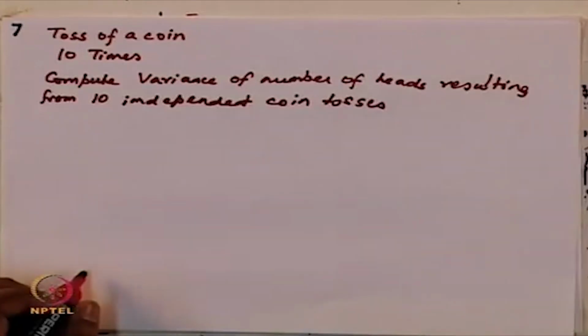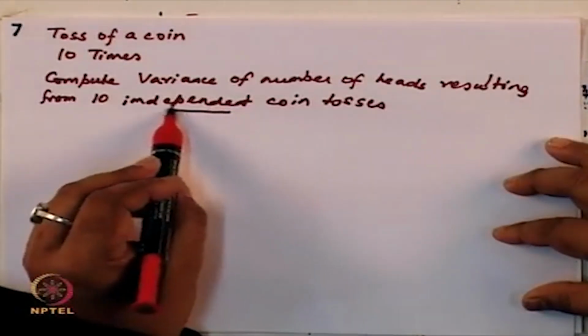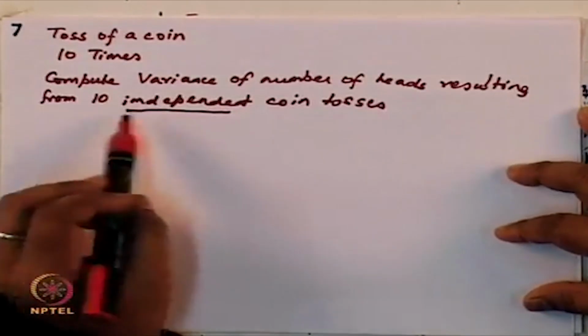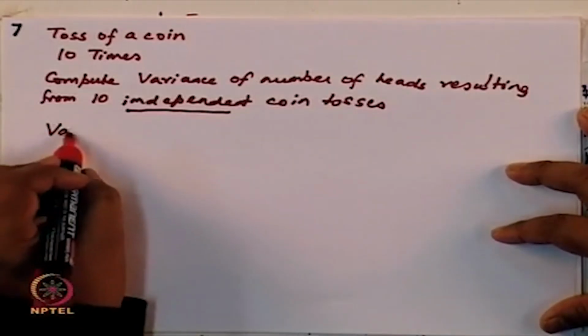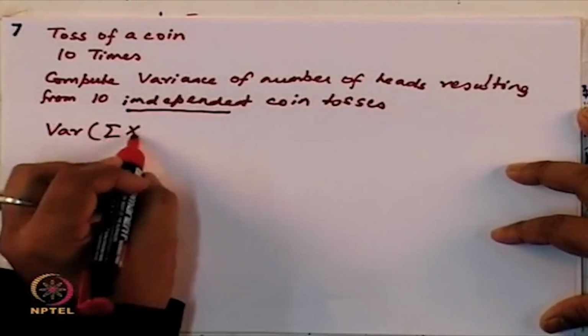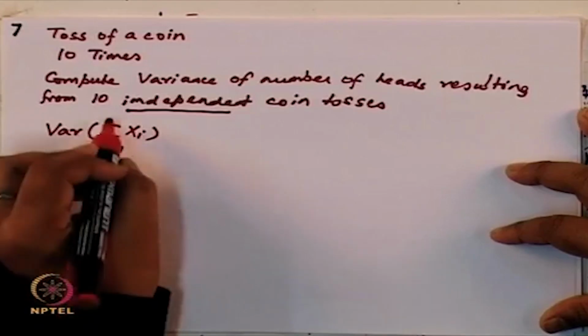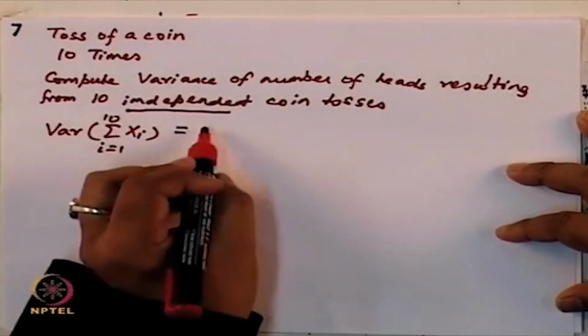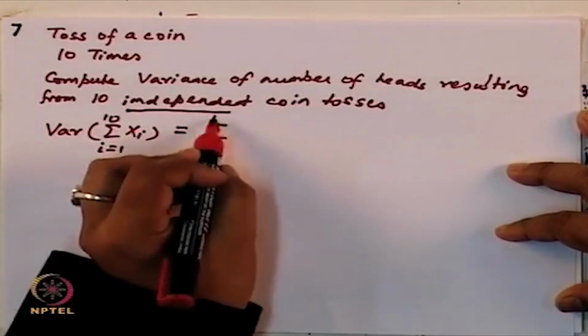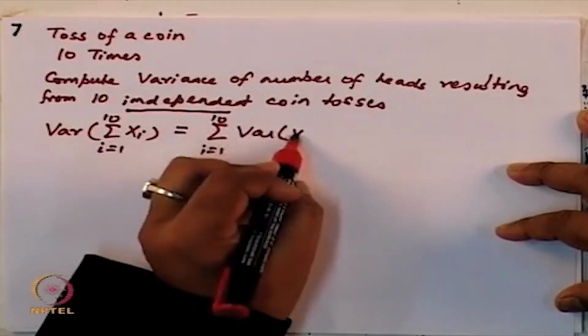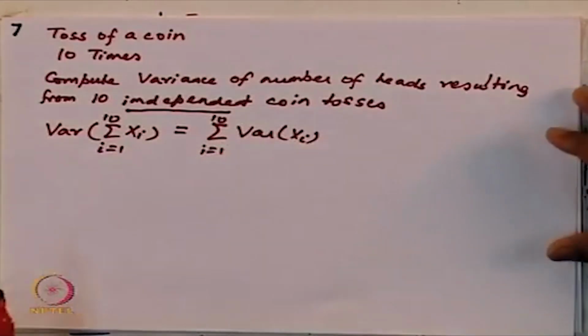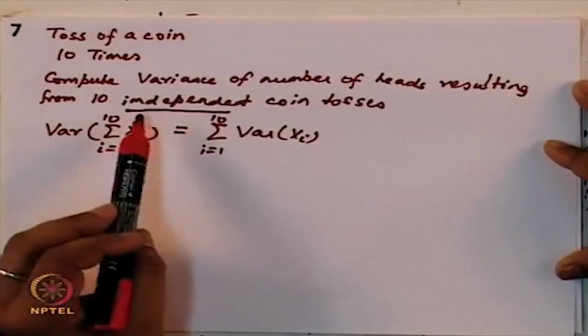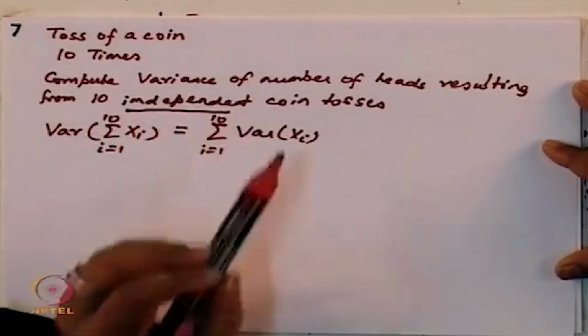Okay. So, what you see here are independent coin tosses, right. So, I can write variance of summation xi, i equal to 1 to 10, as nothing but summation i equal to 1 to 10 of variance of xi. Okay. So, covariance is 0 because the events are independent of each other.